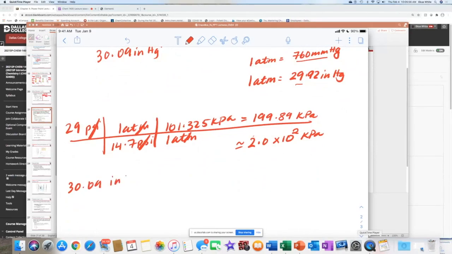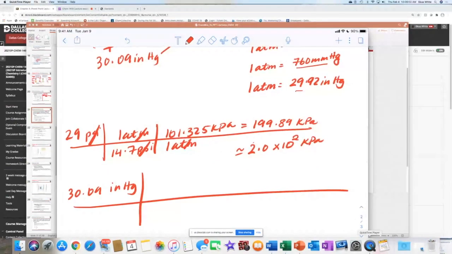30.09 inches of mercury. I feel like it's making the question a lot more difficult than necessary. I have to look for inches of mercury conversion. That's this one right here. 29.92 inches of mercury, and then that goes with 1 atmosphere, right? So convert that. We got to atmosphere again.